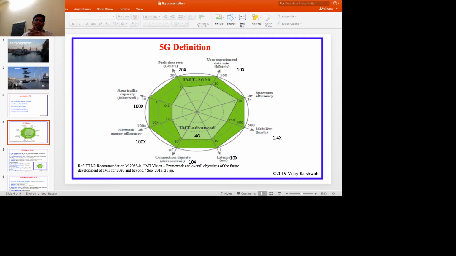Until 2020 this will not be achieved; only then will we know what this 5G is, because they are going to try to get there. But this is the vision, the requirement, and hopefully somebody will make the equipment like this.